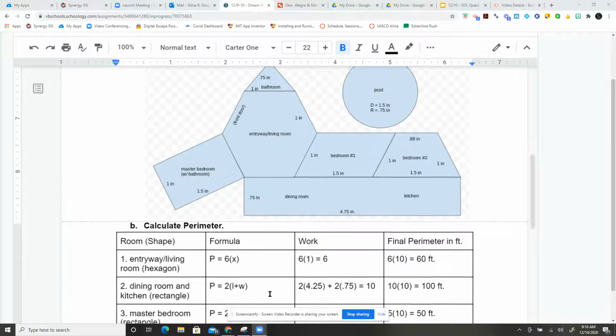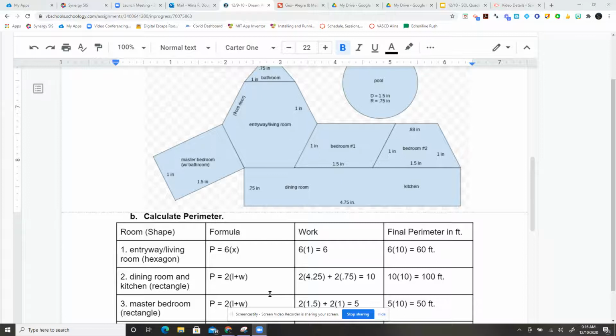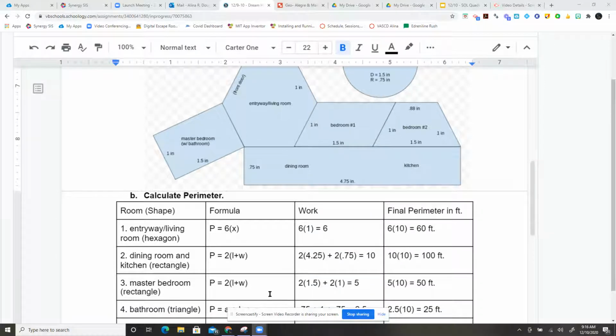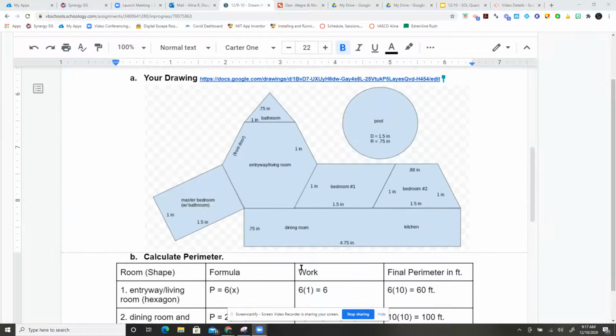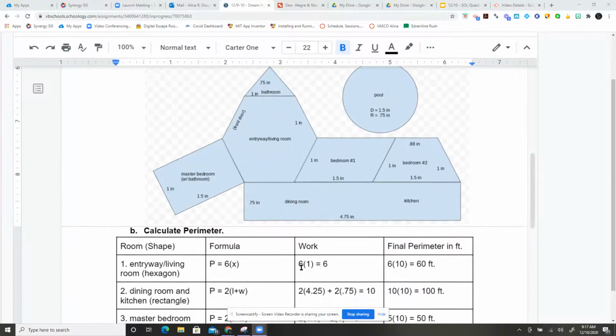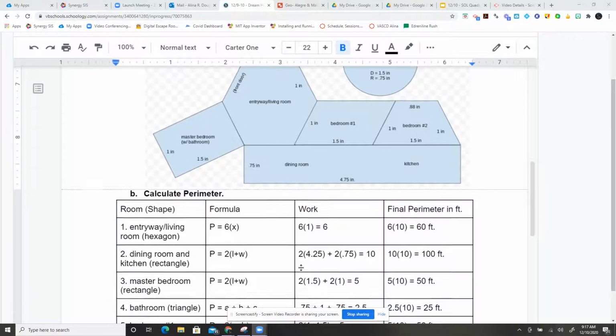So that's 60 feet. Is the master bedroom? Oh, the master's over there. Now I see it. Okay.